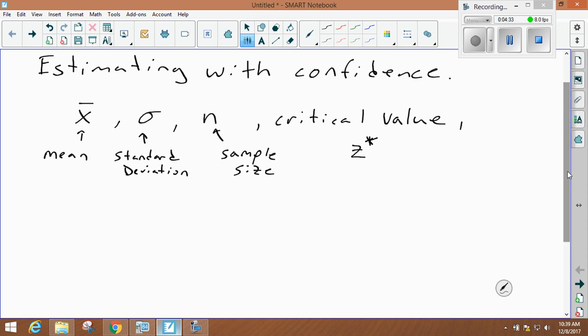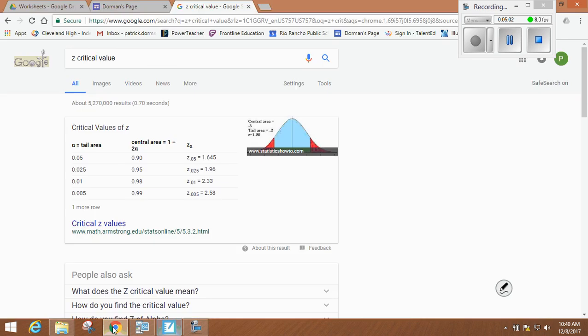So we can estimate with different levels of confidence, right? If we are estimating with 90% confidence, so we can say, hey, I have 90% confidence that the mean is in between this number and this number, I will use a critical value for 90%. Z star is equal to, and I don't have this memorized, I would get it from the table.